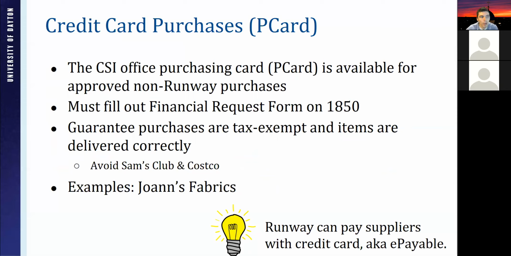That's not something that Runway currently has. So we were able to give the student organization a P card. They went and bought the fabric from Jo-Ann Fabrics, and they brought the P card back with the receipt, and we were able to submit that and divert the charge to that student organization's fund. So that's an example of where that can be used.